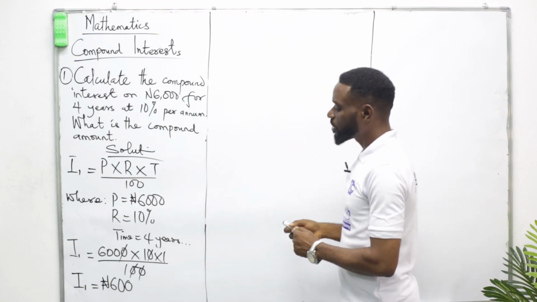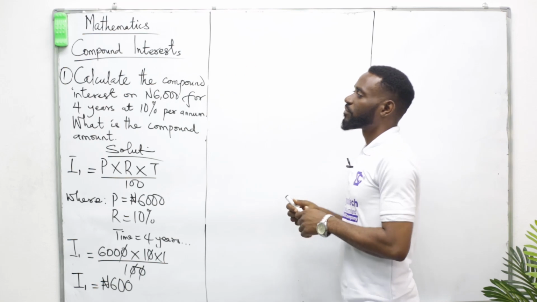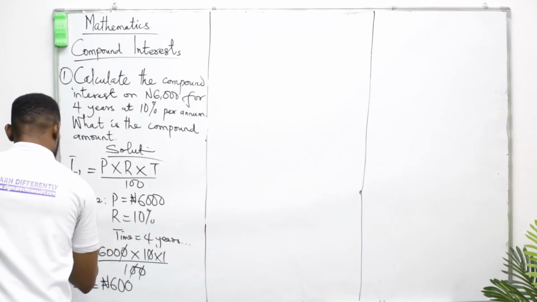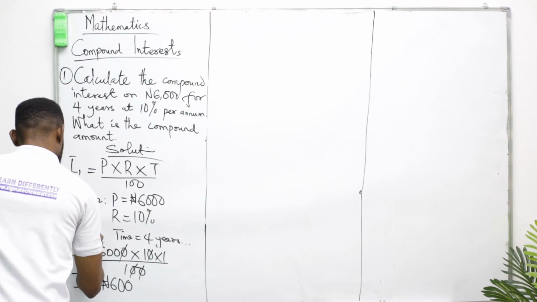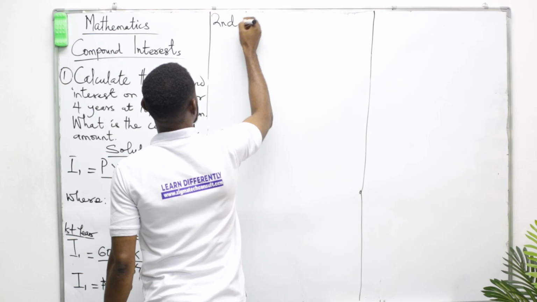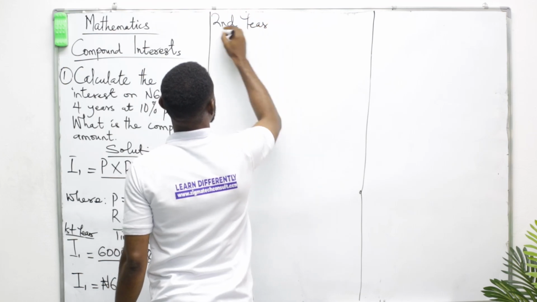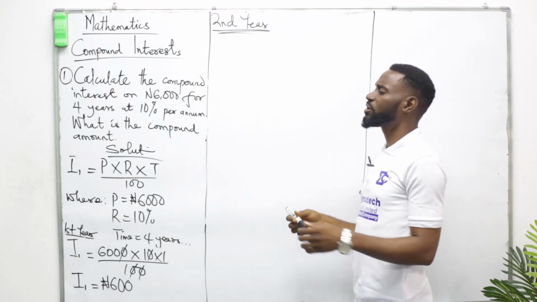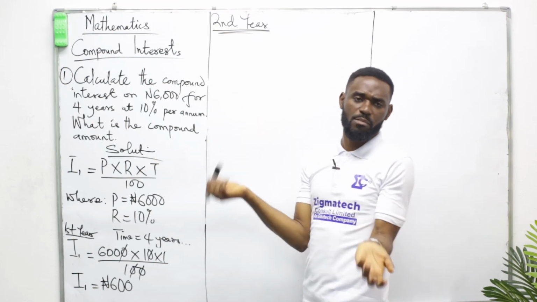Now, year 2, the second year. This is our first year. The first thing we ask for the second year is, what is the principal? What is the amount?